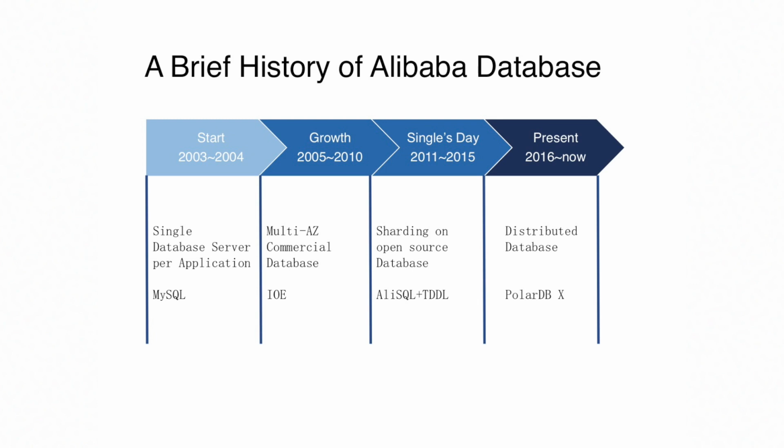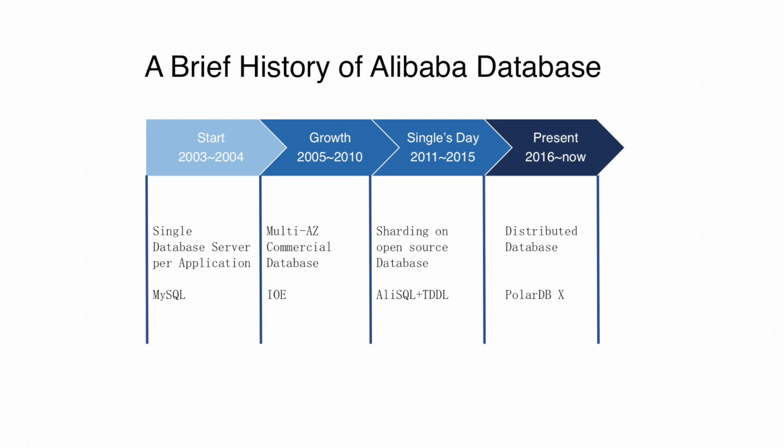In practice, we heavily optimized MySQL according to how Alibaba business accesses data. We built our own branch of MySQL. To implement sharding, we developed a middleware called Taobao Distributed Data Layer, TDDL, to route queries to different MySQL instances.